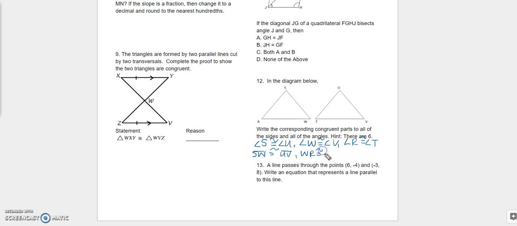WR is congruent to VT, and I'm keeping the same order and the corresponding parts together. RS is congruent to TU, and those are my corresponding parts. I have the 3 angles, and I have the corresponding sides, and there are 3 of those.